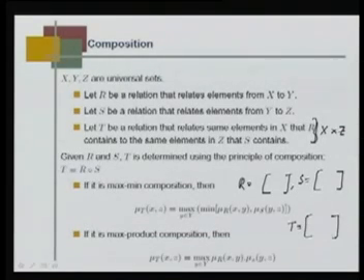Okay. So, let us say R is from x, so x1, x2, and y is y1, y2. The relationship is 0, 1, 1, 0. Similarly, S is from y and z, so y1, y2, z1 and z2.